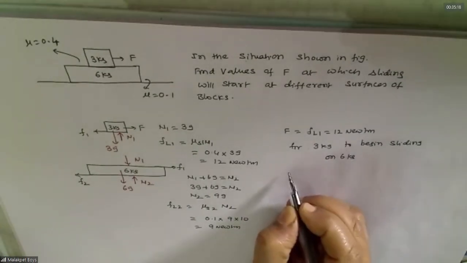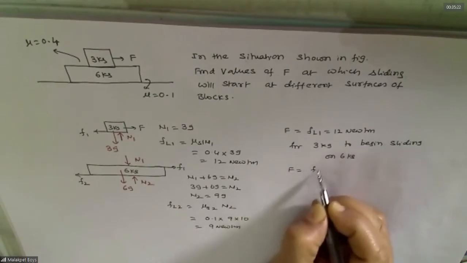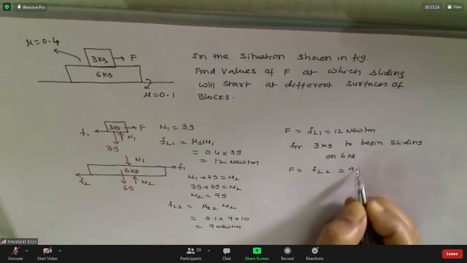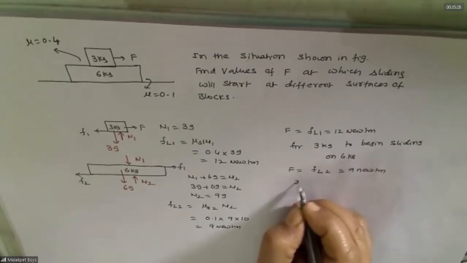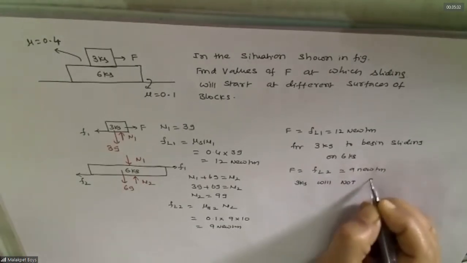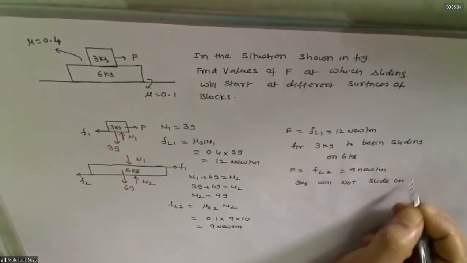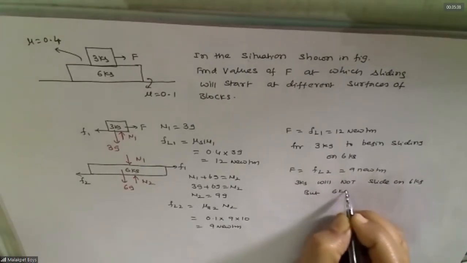And that means we can say another thing. If F equals FL2, that is 9 Newton, definitely what will happen? 3 kg will not slide on 6 kg, but 6 kg will.